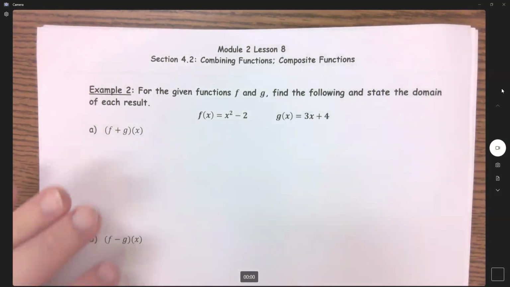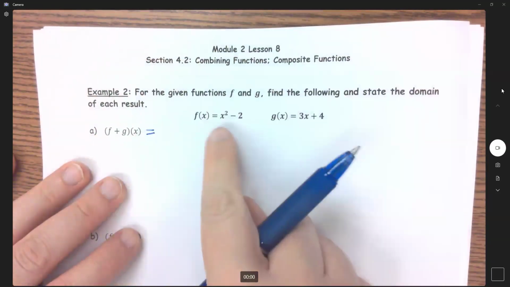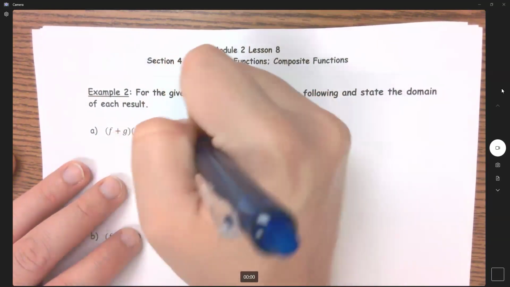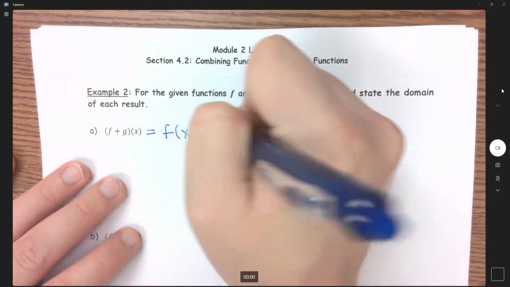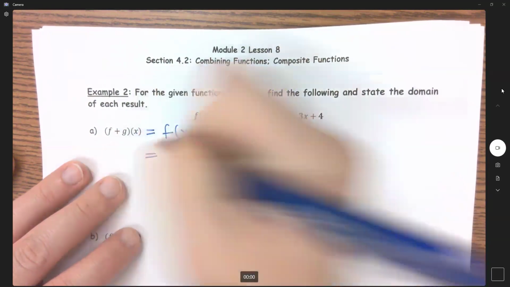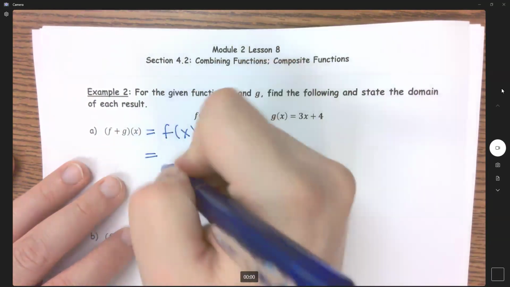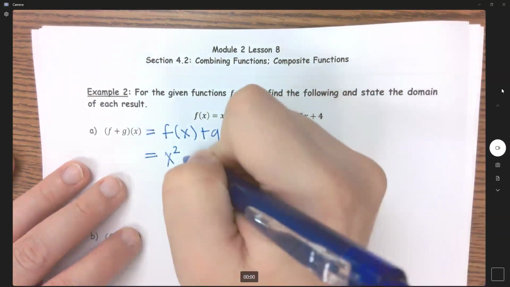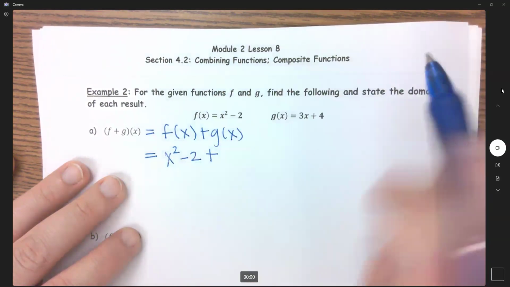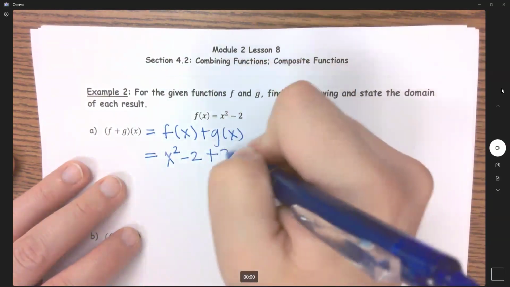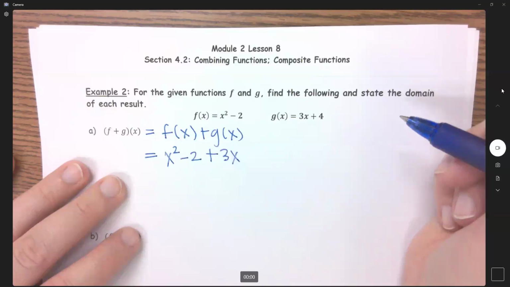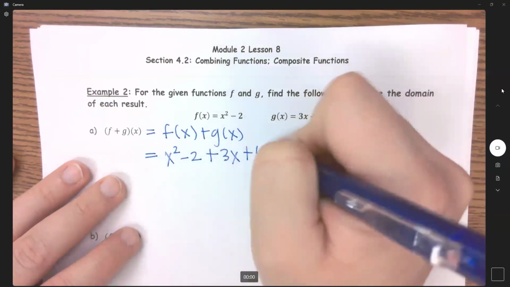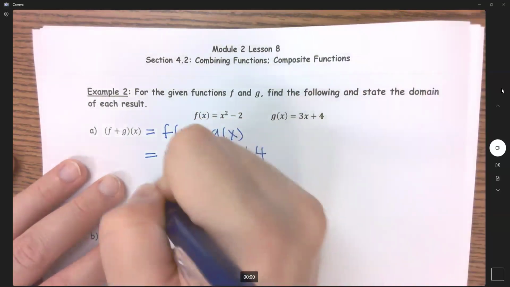So f plus g of x is f of x plus g of x. So here's my f of x function. We got x squared minus 2 plus my g of x function of 3x plus 4. So combine your like terms.